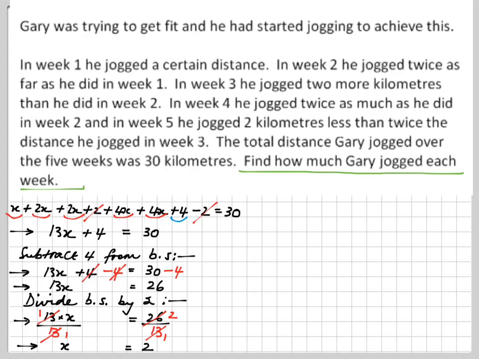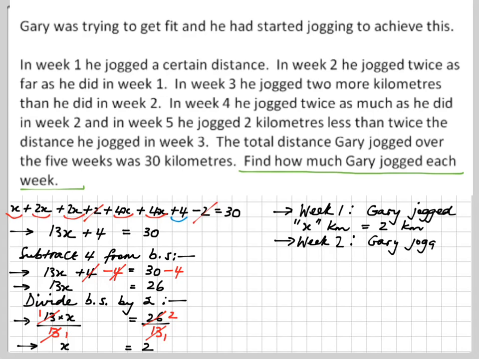Right, how far did Gary jog each week? So, week 1, he did x, didn't he? And x is 2. Yes, good. Week 2, you would have to look over the page, but he did 2x in week 2, which is 2 times 2, isn't it? 4 kilometres.